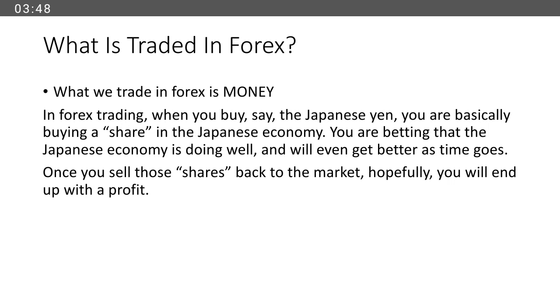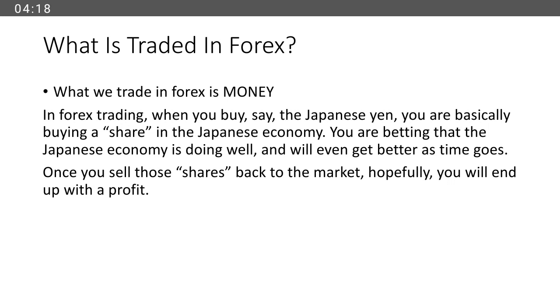So in Forex trading, when you buy, say, the Japanese yen, you are basically buying a share in the Japanese economy. You are betting that the Japanese economy is doing well. So when we trade in Forex, we are simply buying and selling. For example, you buy the Japanese yen.